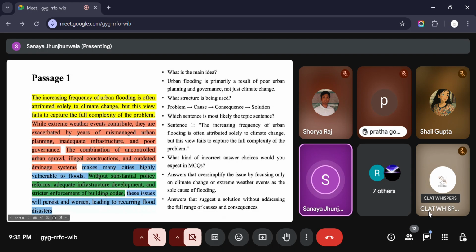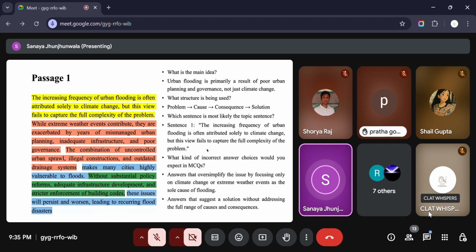It might be part of an argument such as this one. Without substantial policy reforms, adequate infrastructure development, and stricter enforcement of building codes, these issues will persist and worsen, leading to recurring flood disasters. So sometimes you have to pick the conclusion from the middle of the arguments like this, because it might not be given directly.